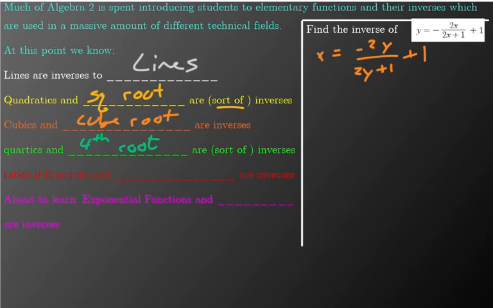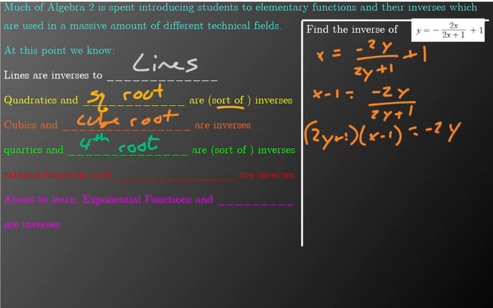So -1, x minus 1 equals -2y over 2y plus 1. Probably multiply by the denominator, so I get 2y plus 1 times x minus 1, equals -2y. If I multiply everything on the left out, I would get 2xy plus x minus 2y minus 1.